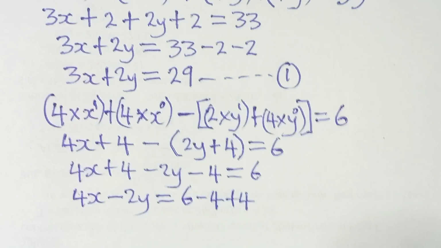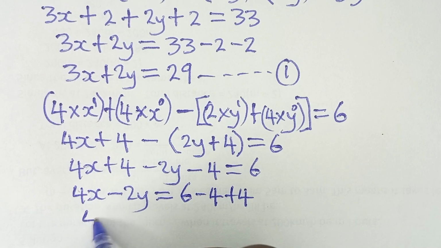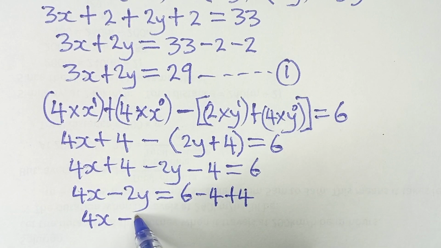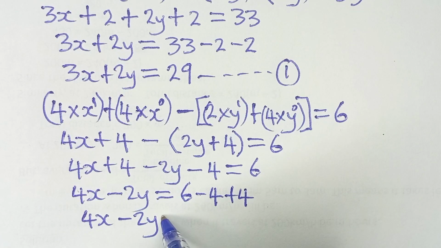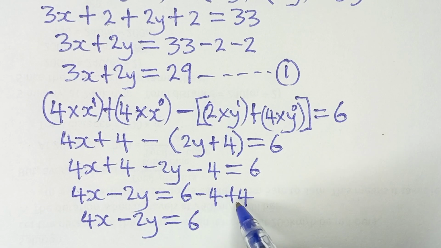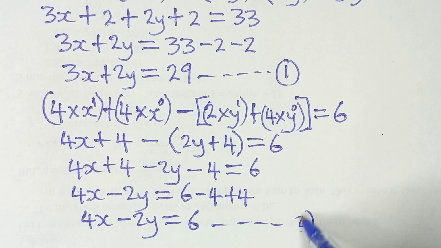So finally we arrive at equation 2 by saying 4x minus 2y is equal to 6 minus 4 plus 4, that will also be 6. Or this negative 4 cancels the positive 4, and then we are left with 6 on this side, and we can call this equation 2.